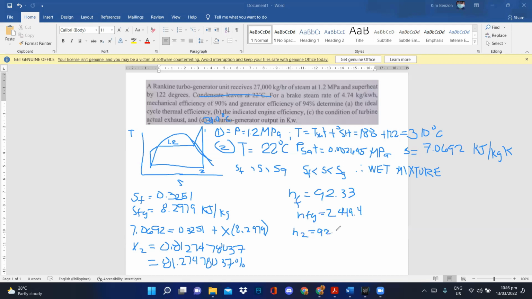So, your 92.33 plus your 0.81 na quality. Please store sa calculator. Yun ang kailangan natin. Times 2449.4. So, therefore, your answer here is H2 equals 2083.07447.